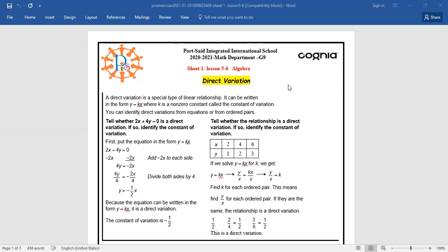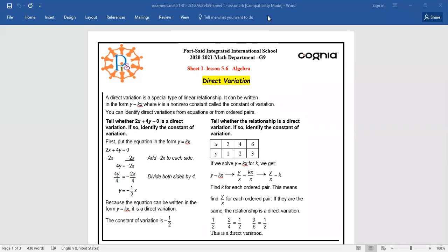How will we decide whether this relation represents a direct variation or not? We have the equation 2x plus 4y equals 0. Is it a direct variation? If so, identify the constant of variation.